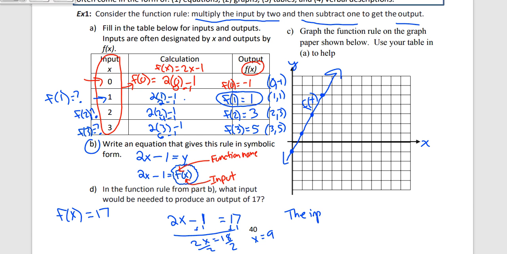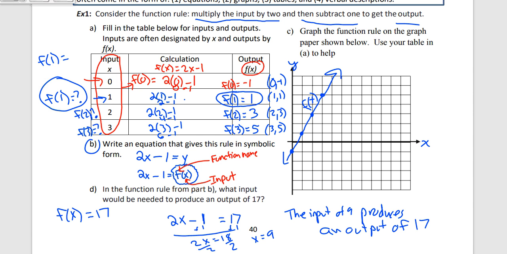The input of 9 produces an output of 17. So you have to be careful of your input-output, right? Up here, I'll come back up here because I want you to learn this function notation. When I ask you what does f of 1 equal, I'm giving you the input.